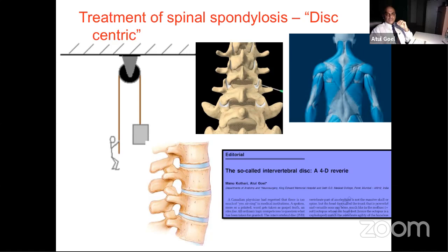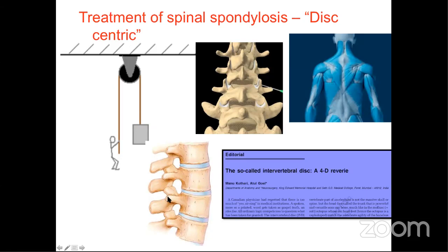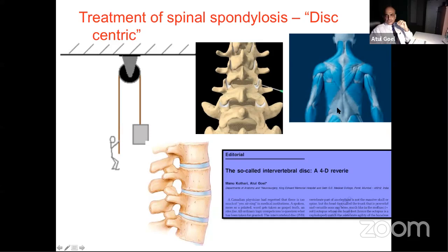My concept is, you see, this is the body and this is the piston. This is the center of movements. And this movement is at the facet joint, facets. You see these huge muscles in the back. All these muscles are active on the facets.